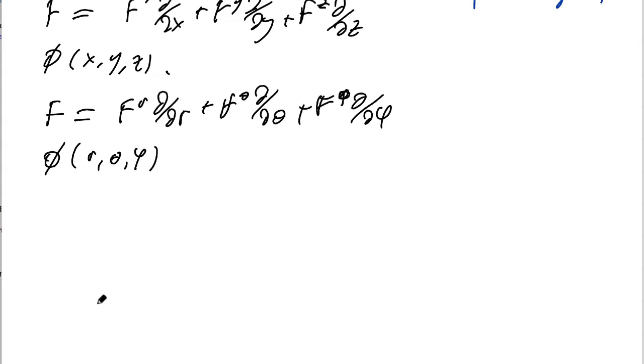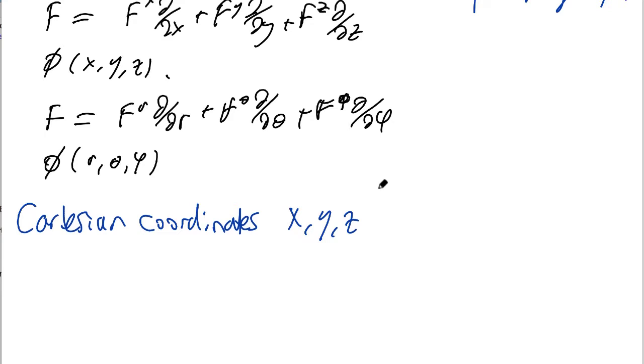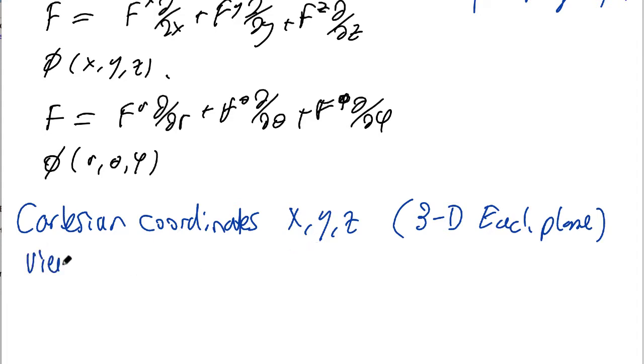Let's take a closer look at Cartesian coordinates. x, y, z for the three-dimensional Euclidean space. All right, now these coordinates, like any set of coordinates, can be viewed as functions on space.